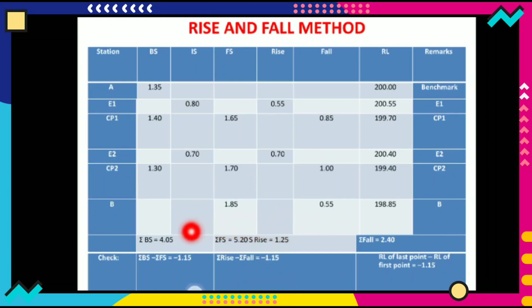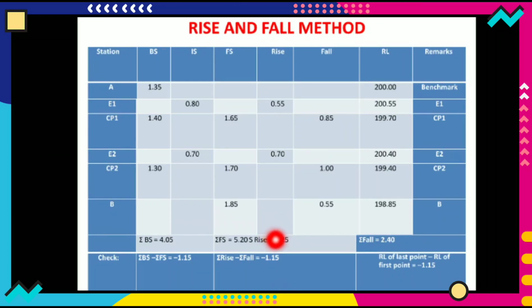If these three columns are the same, then your question is right, otherwise your question is wrong. So summation of rise is 1.25 minus summation of fall 2.40, then your answer will be minus 1.15.